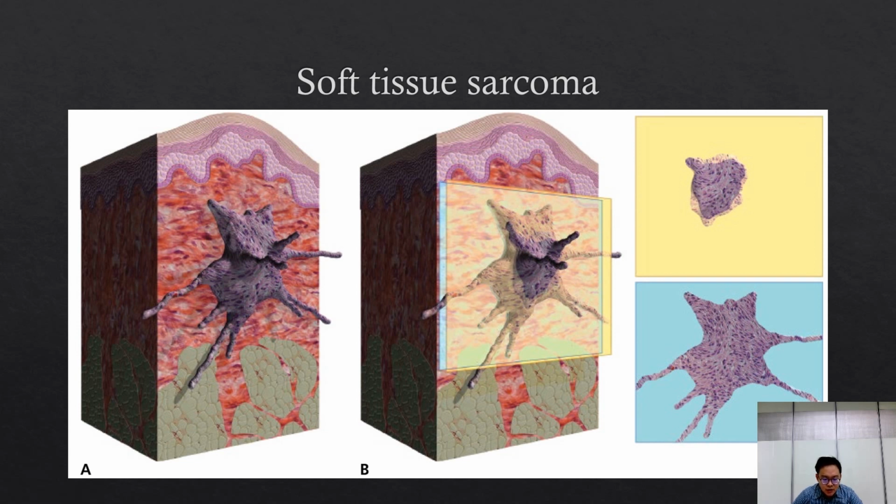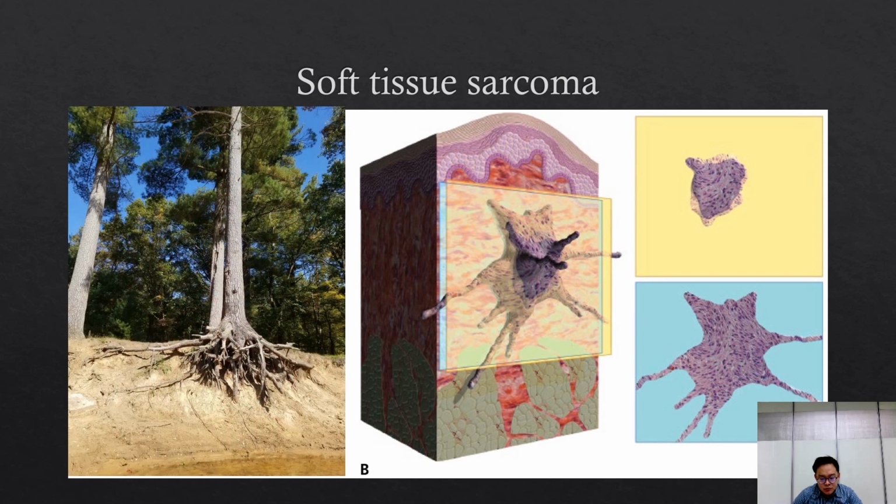Sarcoma grows as an asymmetrical mass with highly irregular edges, consisting of concentric lamination or finger-like extensions, similar to the root ball of a tree, like this. The tumor appears completely excised in the upper panel, like this one, but the tumor cells infiltrate the margin in the lower panel, like this one.